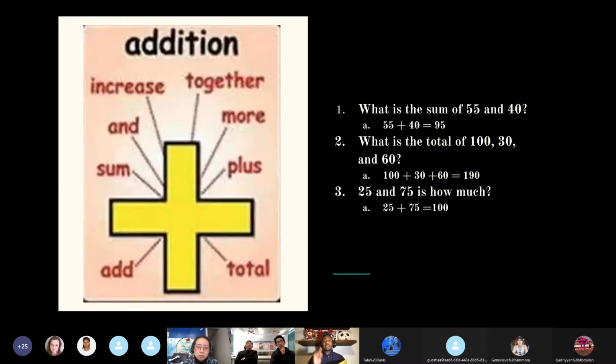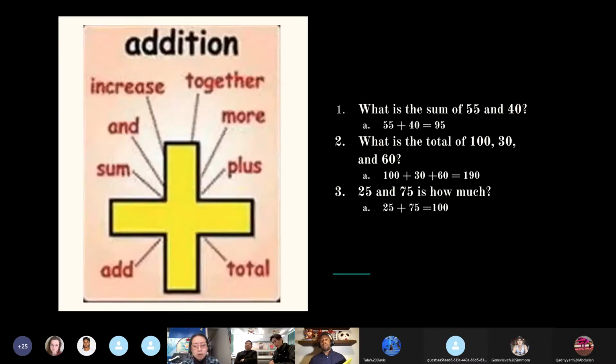So, for instance, let's look at number one. What is the sum of 55 and 40? So, sum is a word for those two numbers added together. And so you see there 55 plus 40 equals 95.